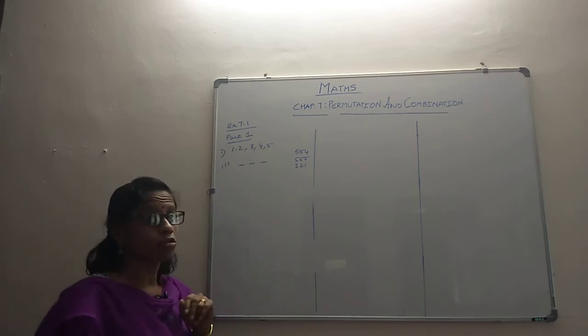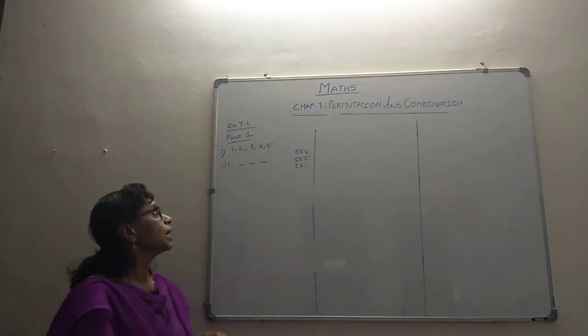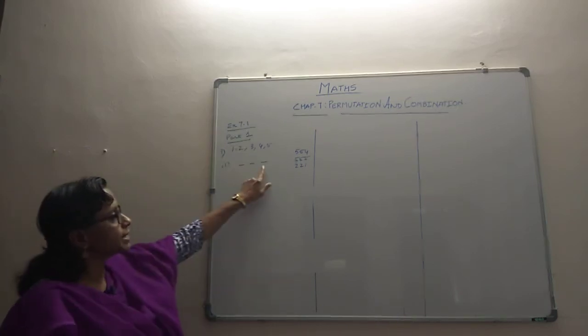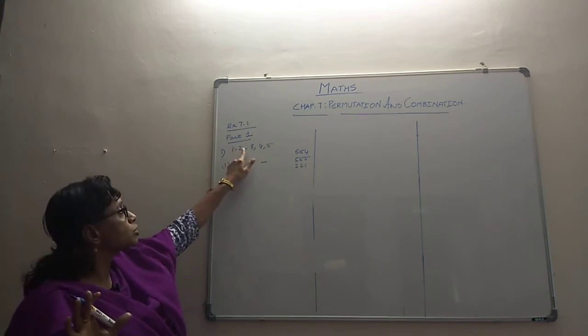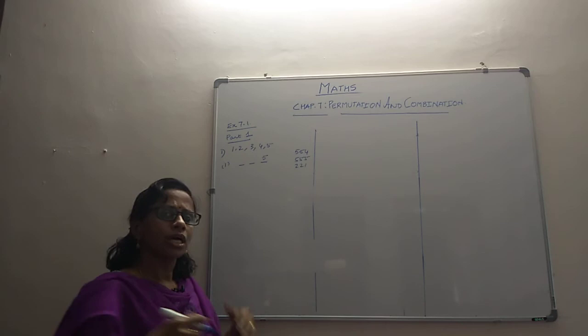So now let's see how to do it. First let's roughly understand, and then we will see how to put it across. For the ones place, how many choices do you have? You have 5 choices, 1, 2, 3, 4, 5, so the ones place can be filled in 5 ways.